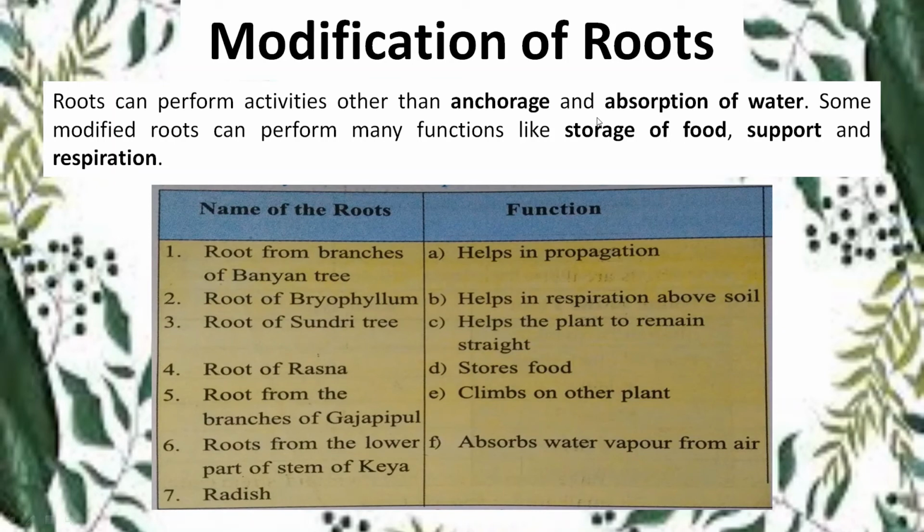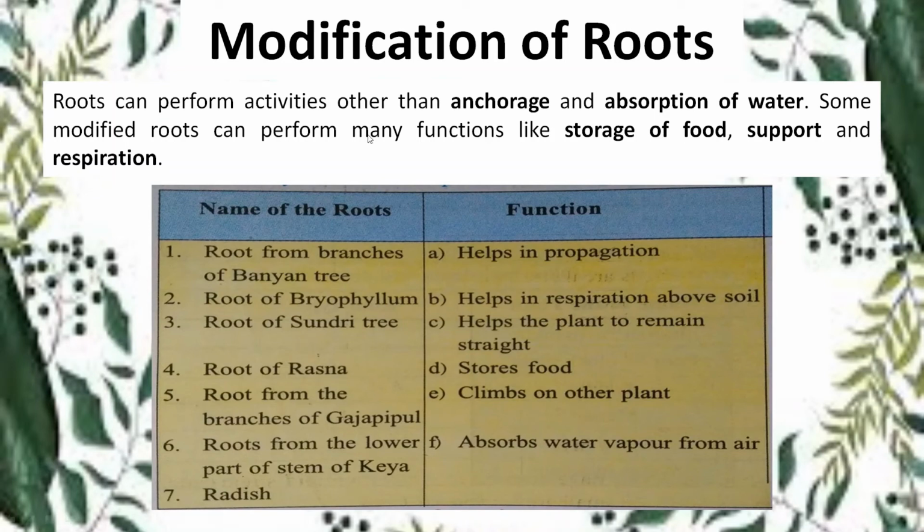The main function or main activity of the root is to anchor the plant and absorb water. Anchorage means as roots go deep down into the soil, when soil erosion occurs, it protects the tree firmly as it goes very deep into the soil.